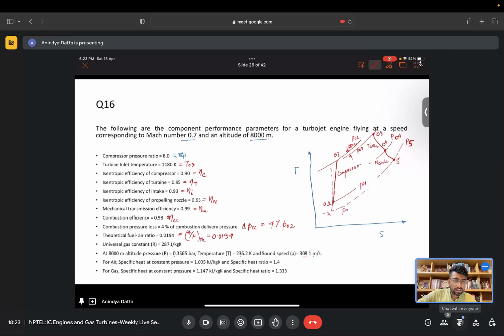In the compressor the working fluid will be air, so you have to use the Cp and gamma values of air, and in the turbine and nozzle the working fluid will be the exhaust gas, for which the specific heat CPG is 1147 joule per kg Kelvin, and gamma G is 1.333. Is the problem definition clear? Any questions on any part? Then we can move on to the solution.